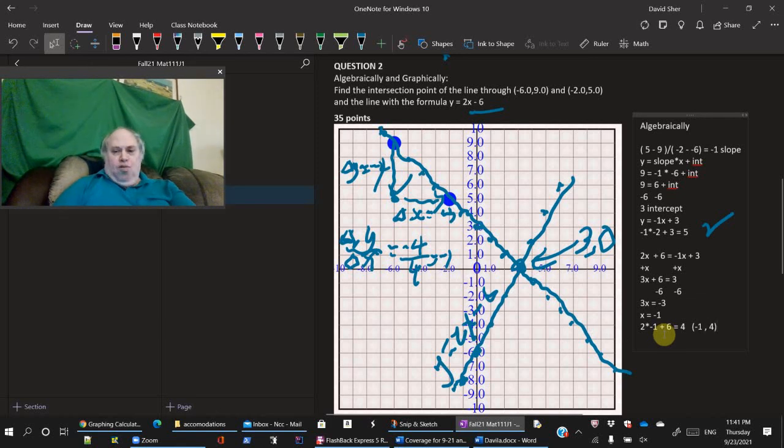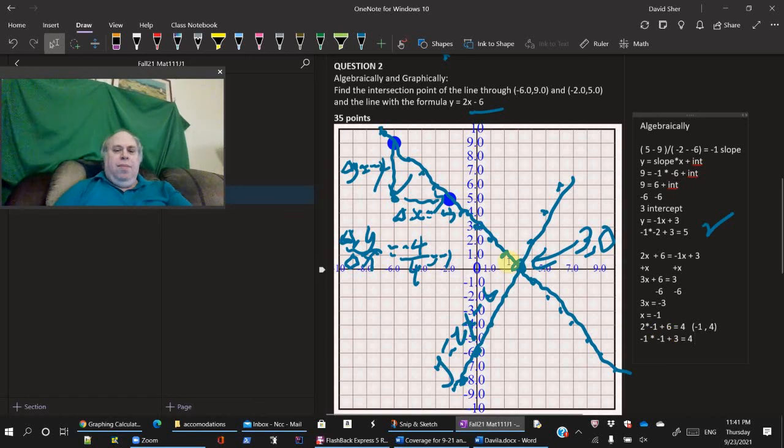And if I got this right, I can plug minus 1 into the other formula, minus 1 times minus 1 plus 3. And as you see, this is right also. But it's different from this answer. So the question is, what did I do wrong?